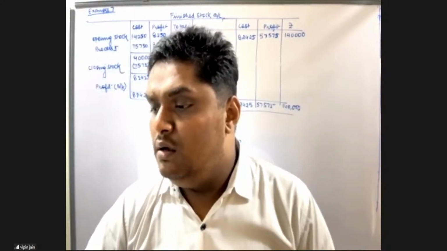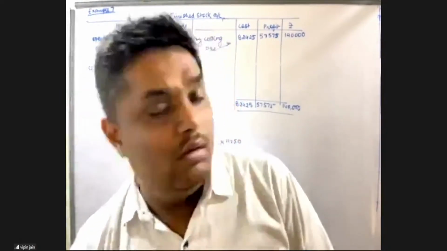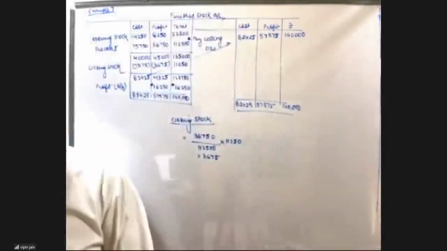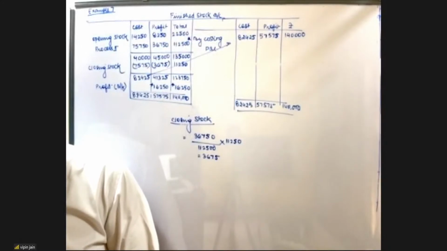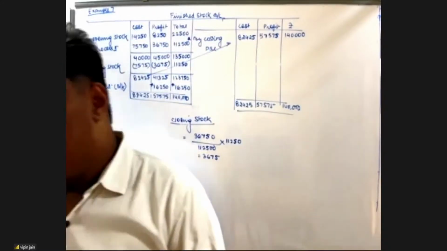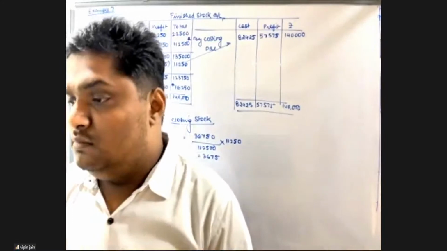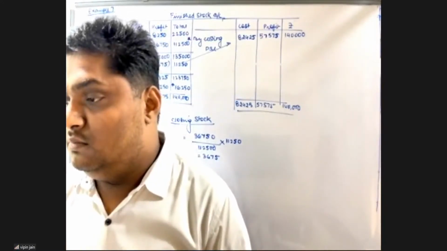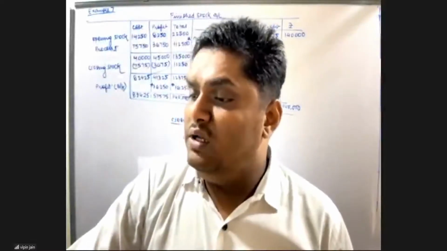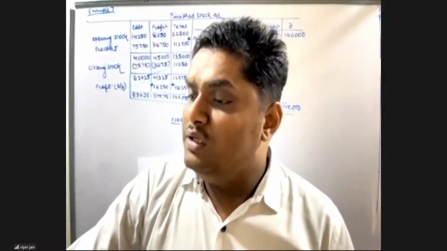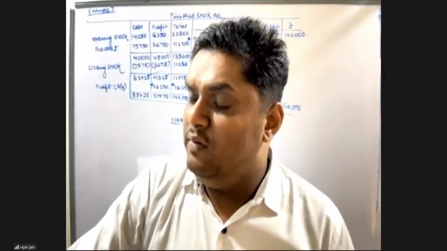Arunima Sinha. Dikshita, hopefully your query is resolved. The first column was the cost, second column is profit, and the third one is total.